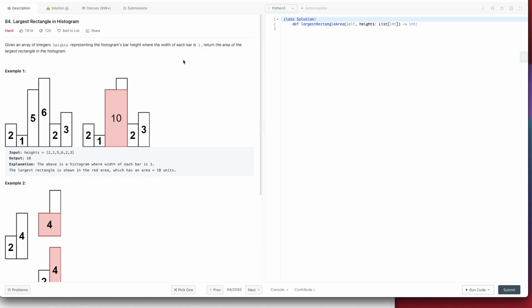So it's like the running maximum, probably DP.